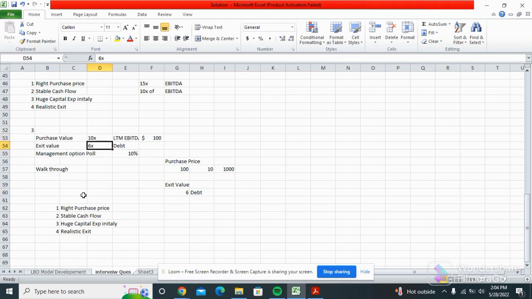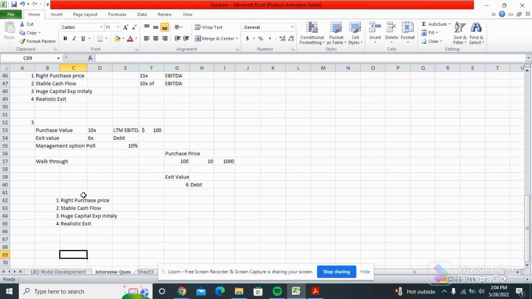For a company to be a suitable LBO candidate, the exit value must be greater than the purchase value, or you can say the cash-on-cash return is higher than at the time when we are purchasing that company.